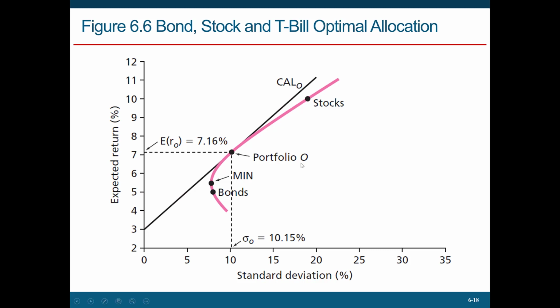In reality though, of course the inputs are not the same. My expected return for a stock could be very different from your expected return for the stock. So if we are using different numbers in our analysis, then of course we are going to get a different efficient frontier, and therefore we are going to get a different optimal portfolio.